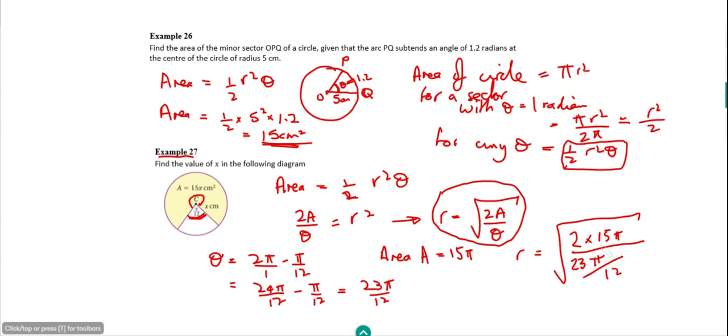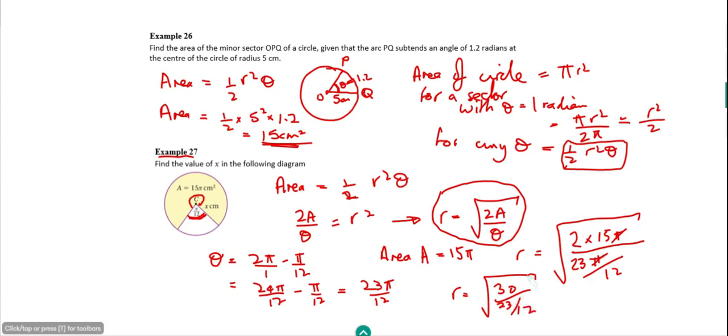And actually we can tidy that up just before I put it all in the calculator, because we can cancel the pi's there. And so we've got r is equal to the square root of 30 divided by 23 over 12.